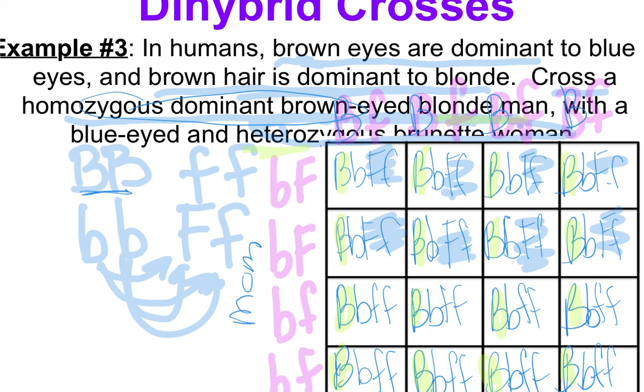Okay, so these offspring are either going to be brown-eyed with blonde hair or brown-eyed with brunette hair. We have 8 of them, an 8-to-8 ratio. They're also known as a 50-50 shot, but only at the blonde hair, because they're all going to have brown eyes.